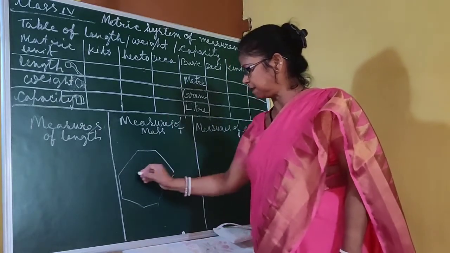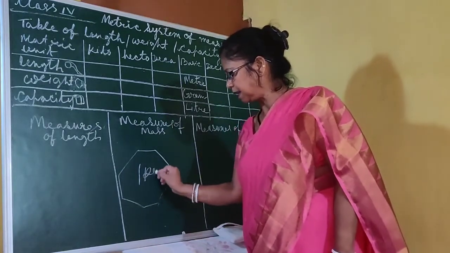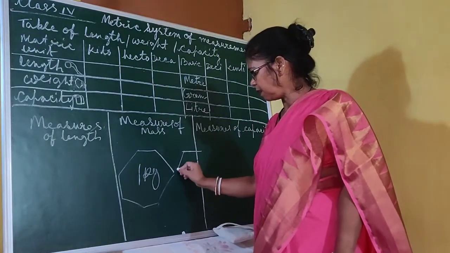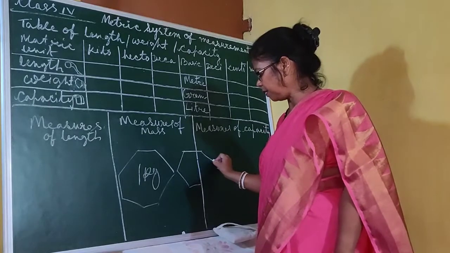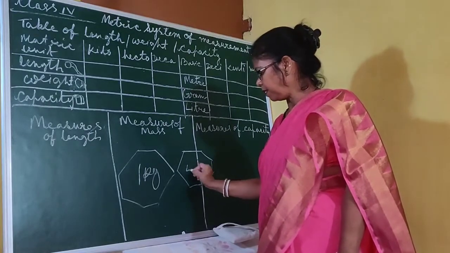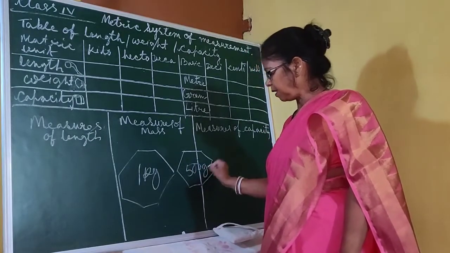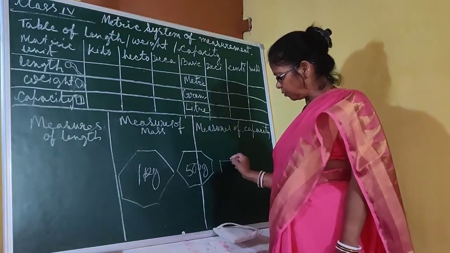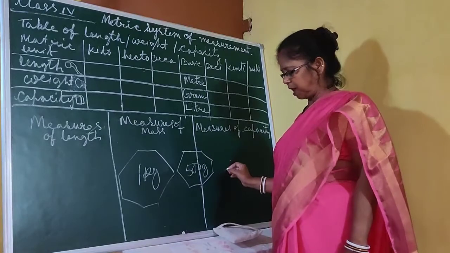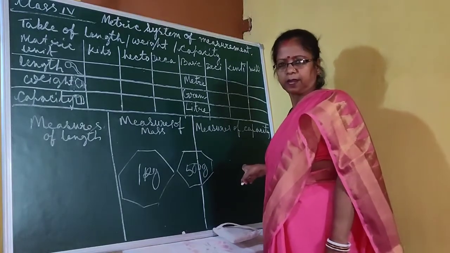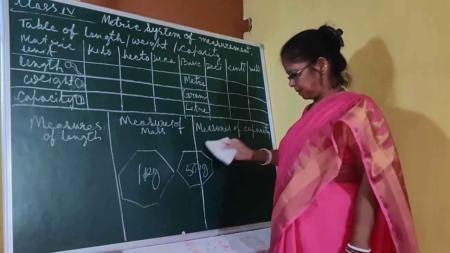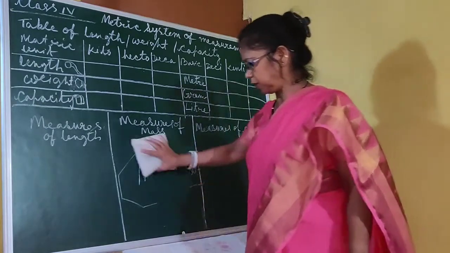Then 500 grams is half a kg, a little smaller. Then there are small units also: 250 gram, 10 gram, like that. It is called the mass or weight measurement unit.